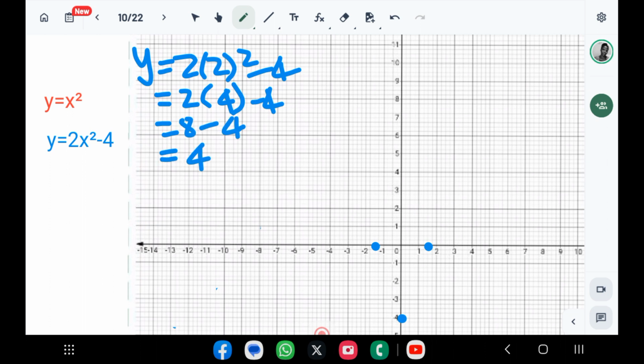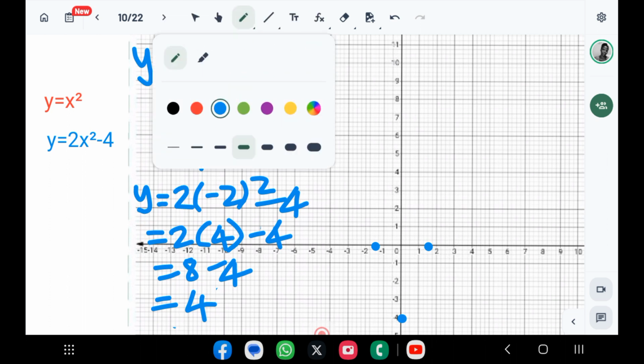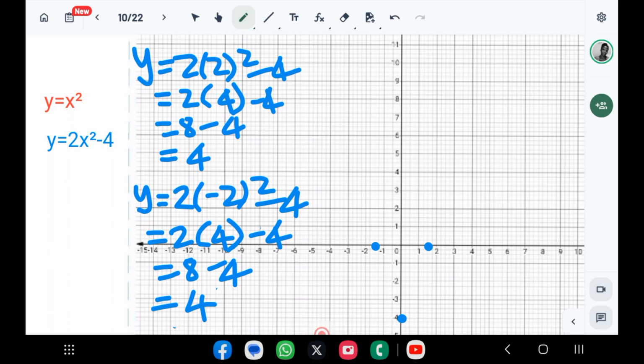Same thing when x equals negative 2: 2 in brackets negative 2 all squared minus 4. Negative 2 all squared is 4, so 8 minus 4, which equals 4. So on either side, when x equals 2 and when x equals negative 2, your y value is 4.